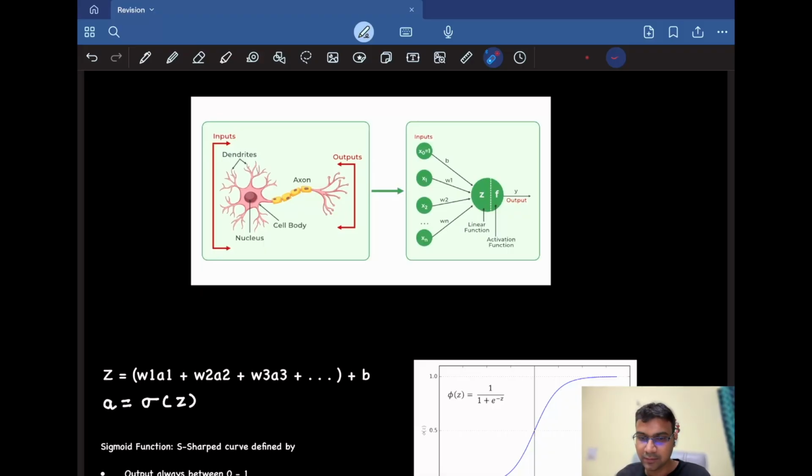Not all the neurons, but whichever relevant neurons are there, those fire up. Similarly, in the artificial neural network, there are neurons which are connected to multiple other neurons. That is the structure of a neuron. Okay, so how is the value of a neuron determined?